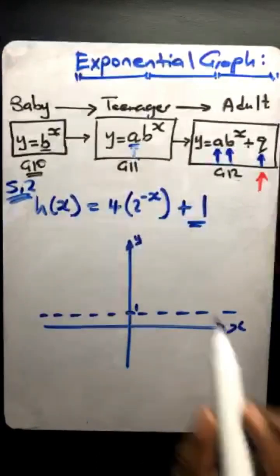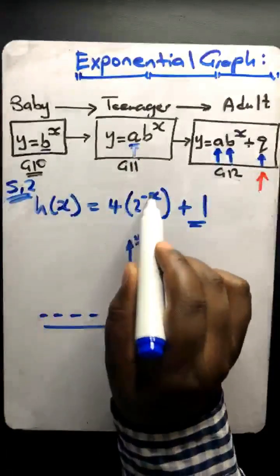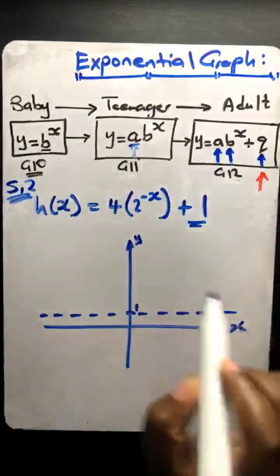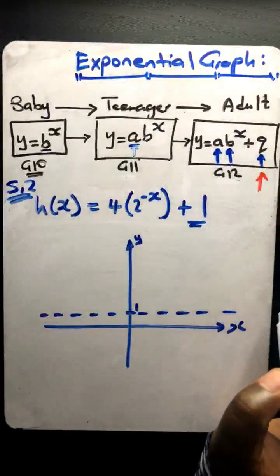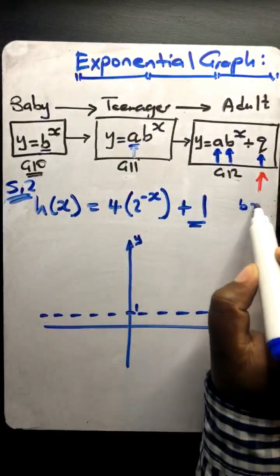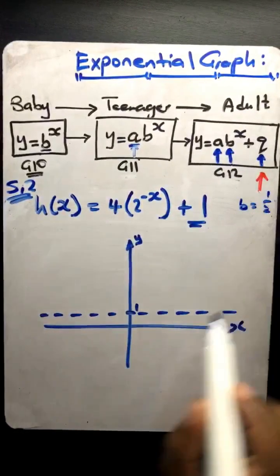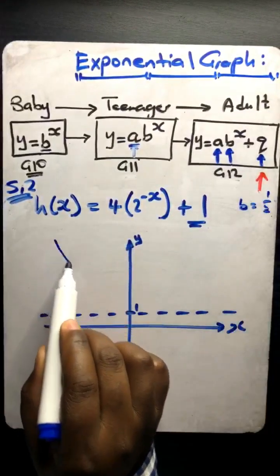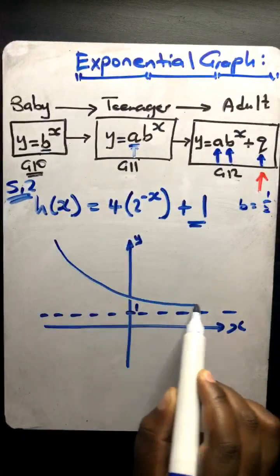So because of the b value being between 0 and 1, b is half, that means we are going to have a decreasing shape. And can you see that decreasing shape?